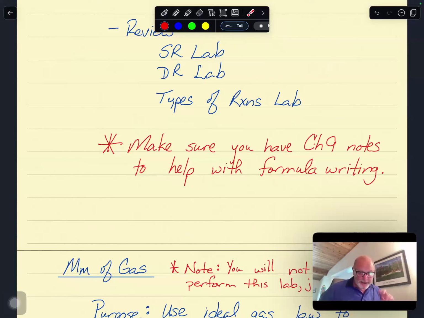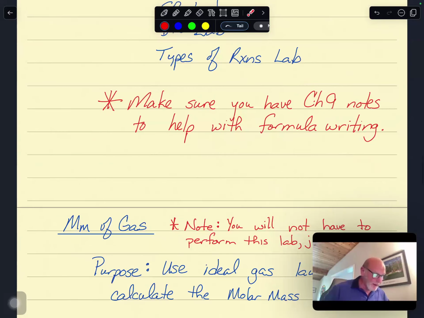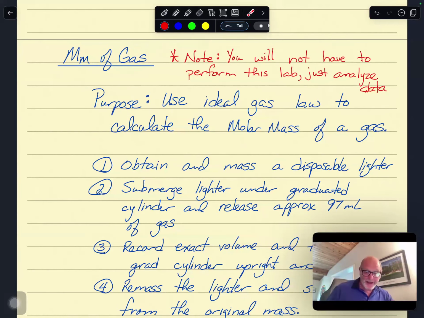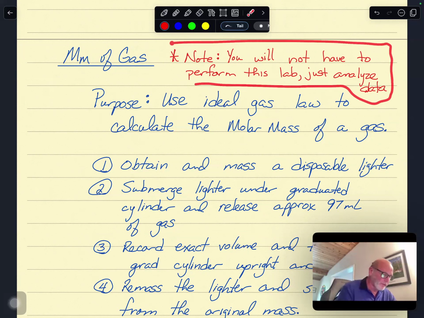3 labs down. The final lab that I'm going to ask you all to do is the molar mass of a gas. Now, we didn't do this per se, and you're not going to have to do this. You're just going to have to analyze the data. We have done that. That is in your notes.